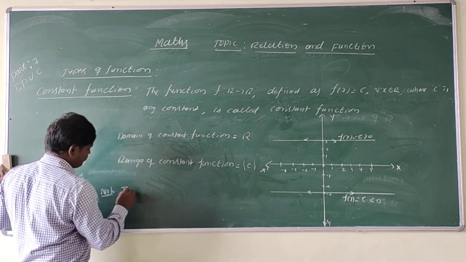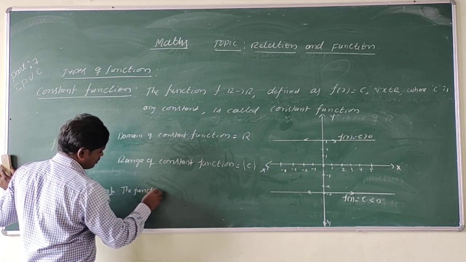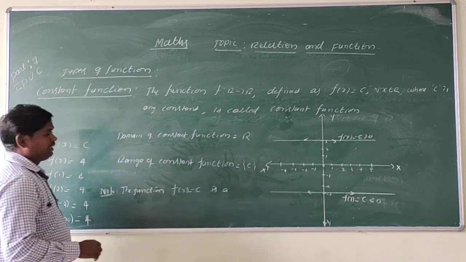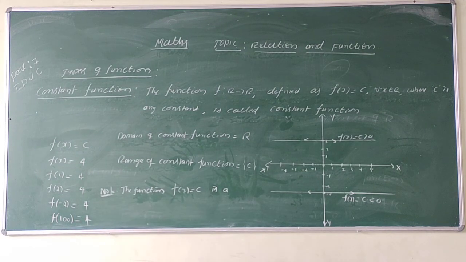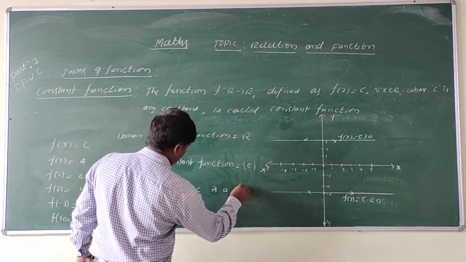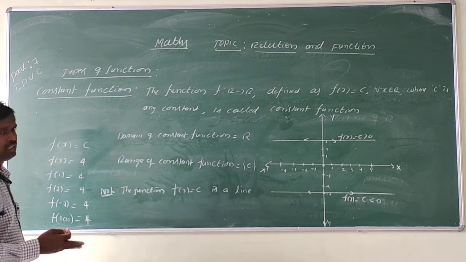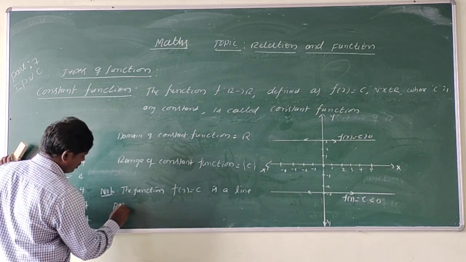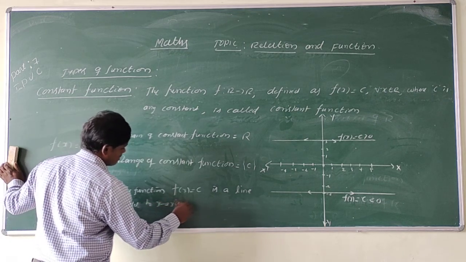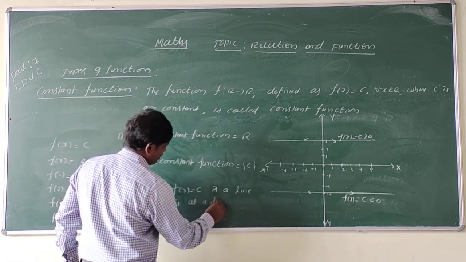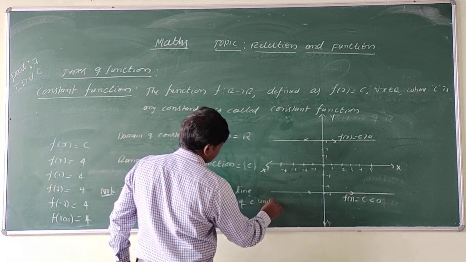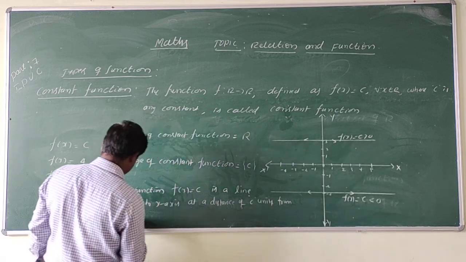The function f of x equal to c is a line parallel to the x axis at a distance of c units from the x axis.